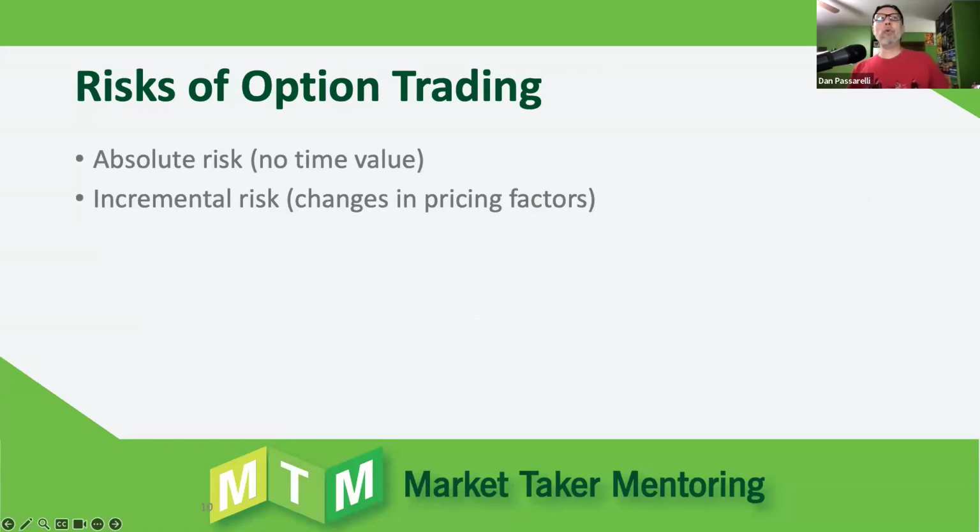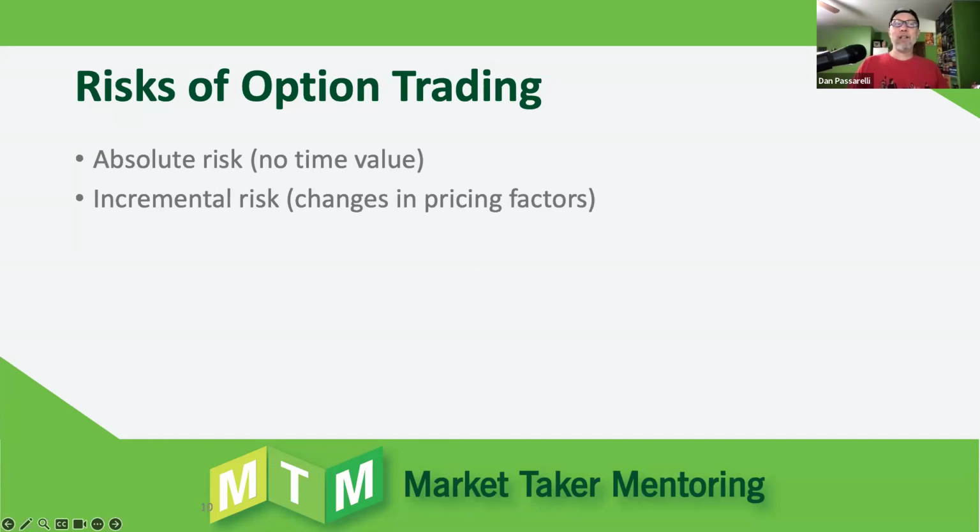So there are two ways to look at option trading. We can look at the absolute risk, and we can look at the incremental risk. The absolute risk is just, here is absolutely the most we can make and absolutely the most we can lose, and our break evens. I'm talking about profit and loss at expiration diagrams.